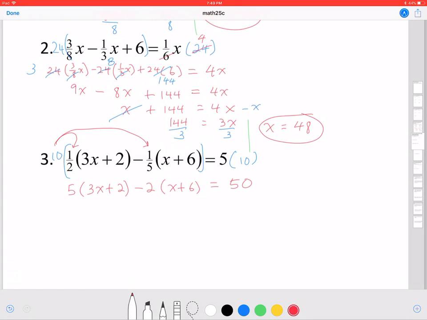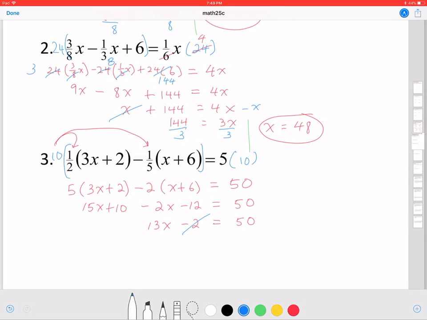Again, we've seen this kind of problem before. Very clean, no fractions. So let's just continue. Distribute 5. Negative 2 times positive 6 is negative 12. Let me clean up the left-hand side. 15x minus 2x is 13x. 10 minus 12 is negative 2.